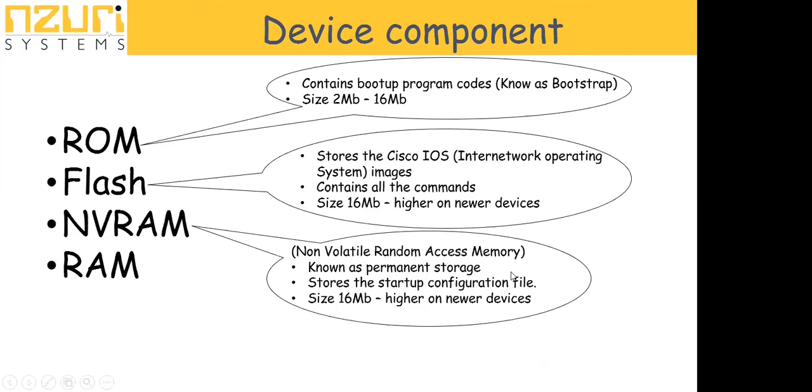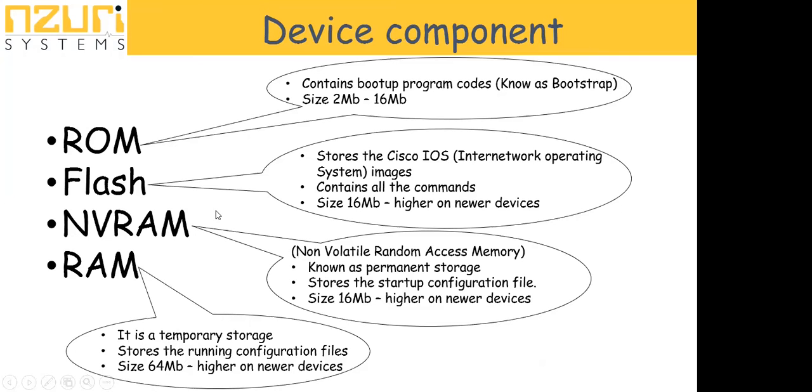That's if you put any of them in there. It means when you do a configuration on your device and you save that configuration, it is saved inside the NVRAM. Then usually it has a size of between 16 megabytes and higher on newer devices. So depending on the device you have, that's the size you're going to see.